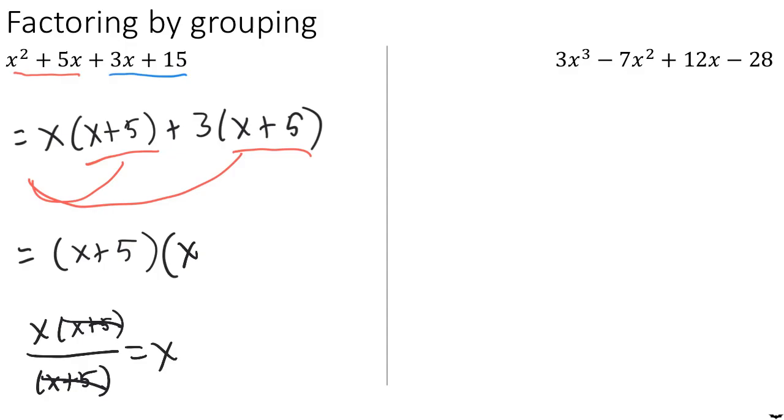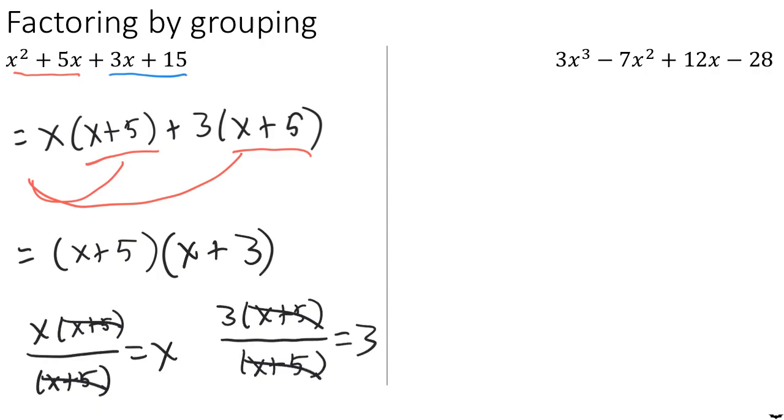And then for the second one, same idea. 3 times x plus 5. We're going to divide that by x plus 5. And we're left with just 3. So we've taken the 4 terms that we had in the original expression here, and we have factored it into 2 binomials multiplied together.